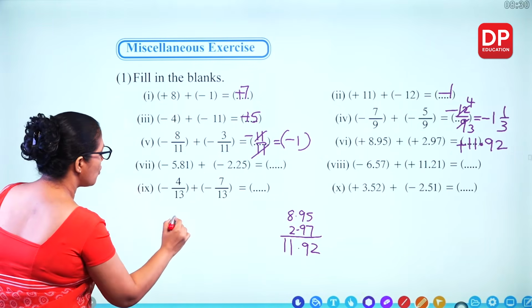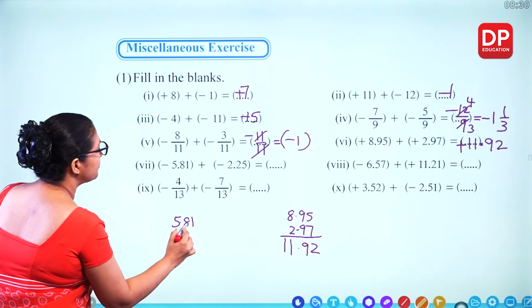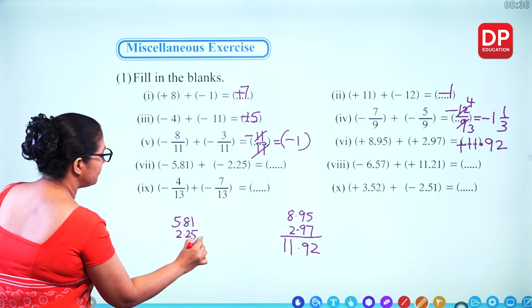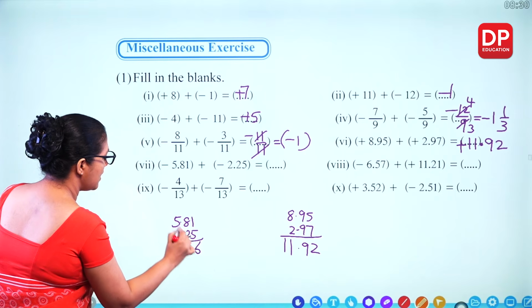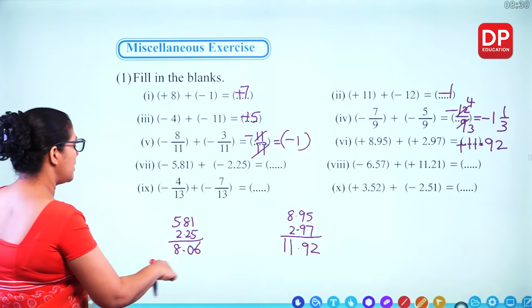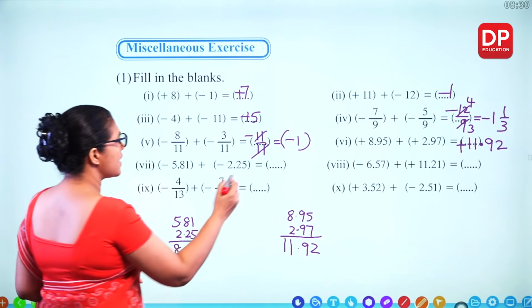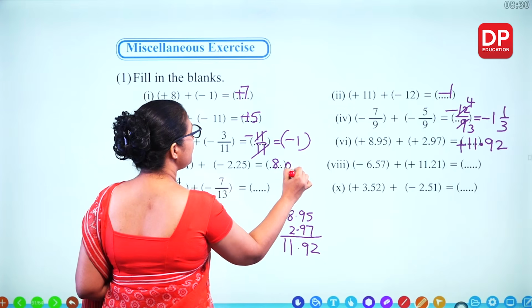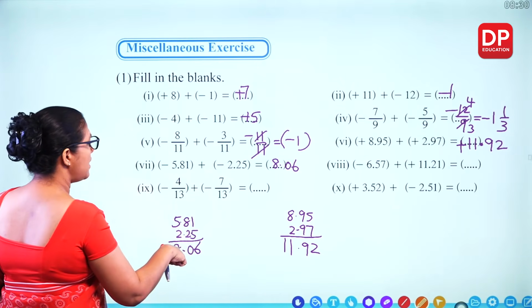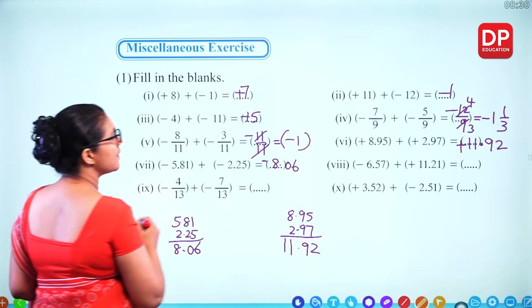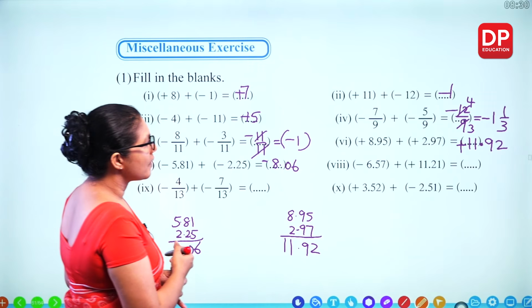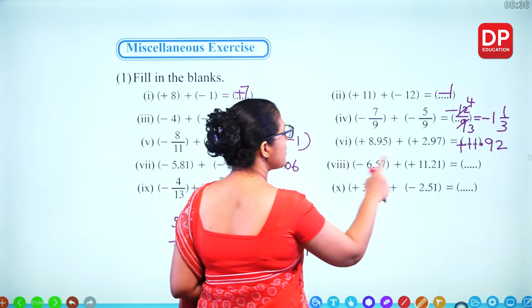Both negative, so you can add it. 6, 10, 8. So 8.06. And both negative means put a negative sign. One is negative, one is positive.